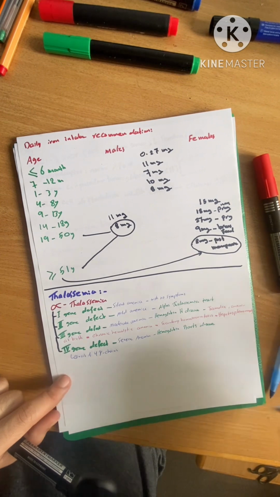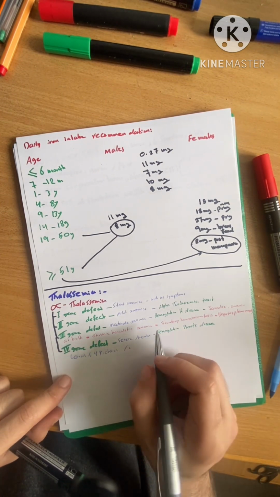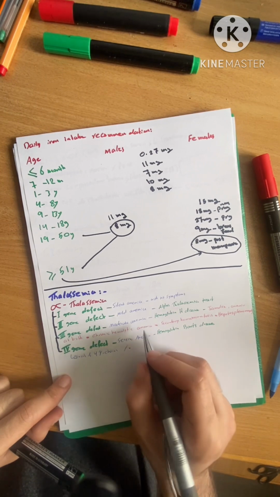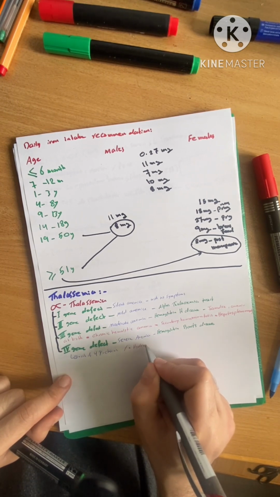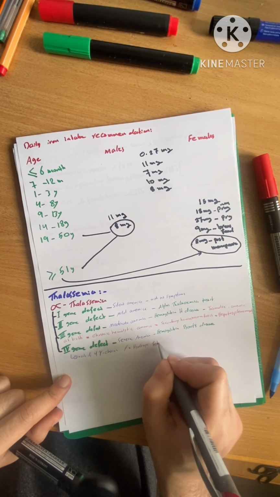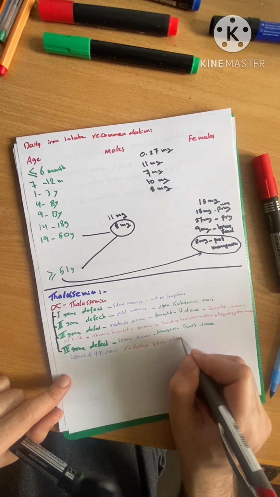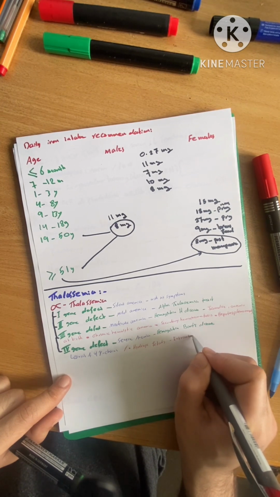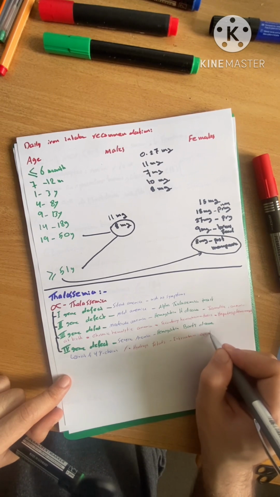Okay, clinical features: you can see hydrops fetalis, intrauterine cysts.